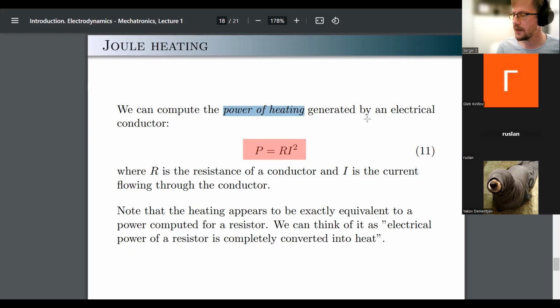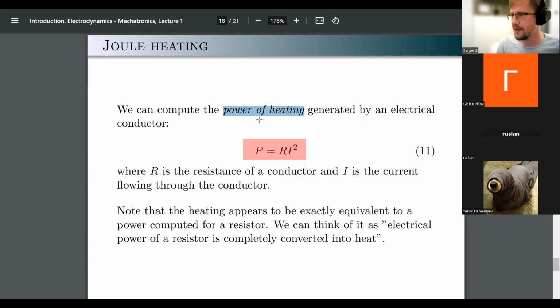And since energy is the same unit in thermodynamics, in classical mechanics, in electrodynamics, you could use this information to say how much more temperature a resistor or the environment would gain if we transfer this much power into heat. And you will be able to do it because if you know how many joules per second are being transferred to heat, you could compute the change in temperature if you know other thermodynamical parameters.